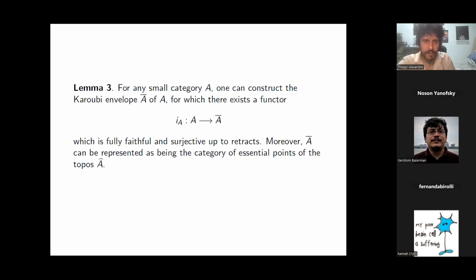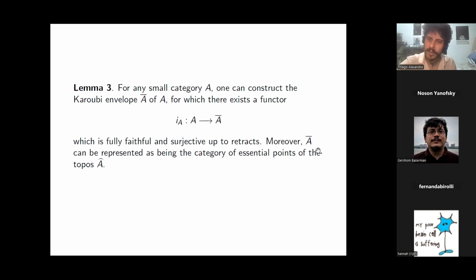Now there is a third lemma which says that for any small category A, we can construct the Karoubi envelope of A, which is the idempotent completion of A, and there is a fully faithful functor of A into this category. And this functor is also surjective up to retracts by construction.